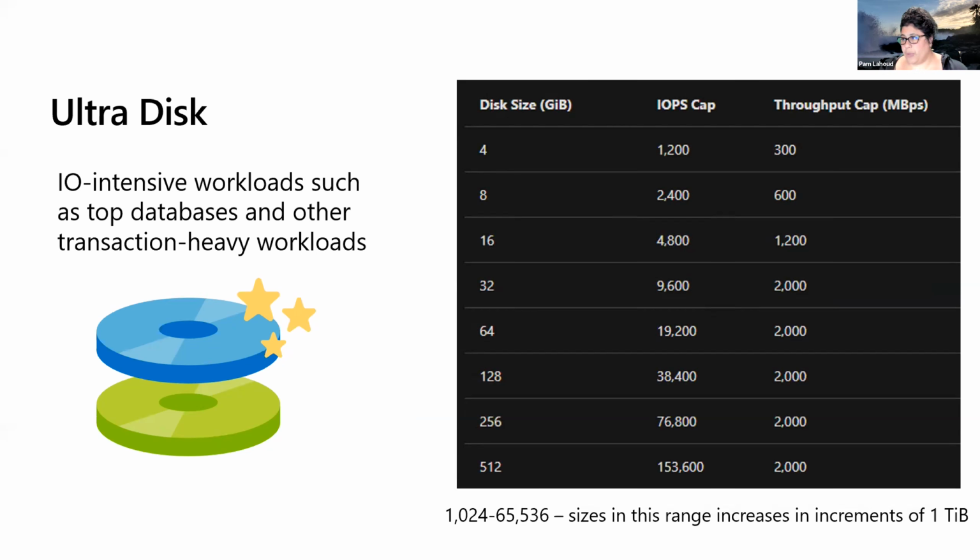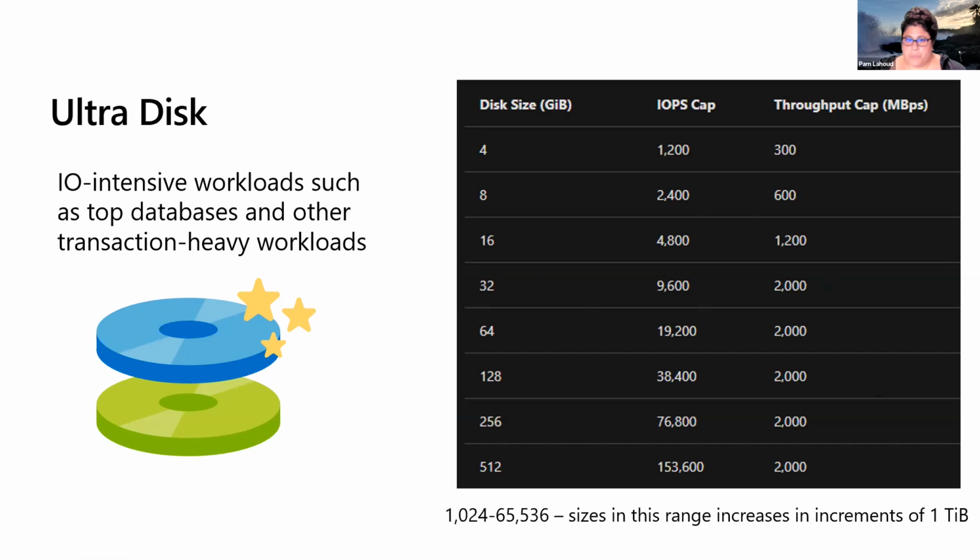You could just get away with one UltraDisk that's large enough for your needs, and then set the IO and throughput according to what you need. This is just a snippet of the low end of the chart from documentation. UltraDisk is very customizable. Again, you're going to pay for that low latency, but if you need it, you need it. And that's what UltraDisk is there for.